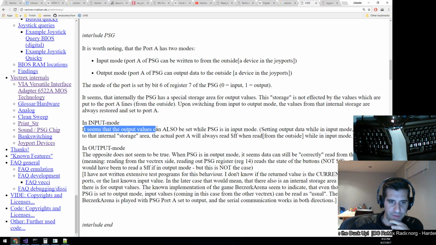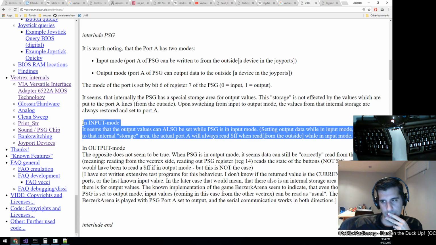It seems the output values can also be set while PSG is in input mode. Setting output data while in input mode sets the data to that internal storage area. The actual port A will always read FF when read from the outside while in input mode. Okay.